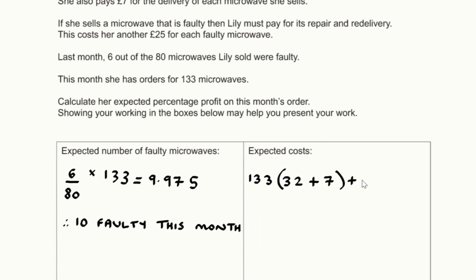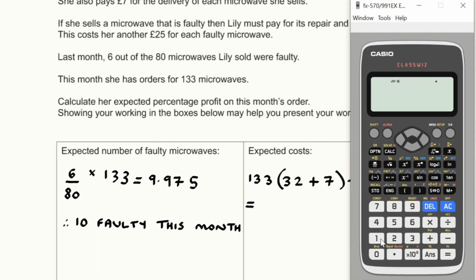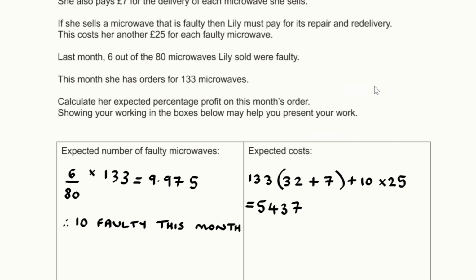Well, we've got 10 of them to repair and then sell. That's 25 each. So we can find out the expected costs. If we calculate this, we get 5,437. This is the expected costs.